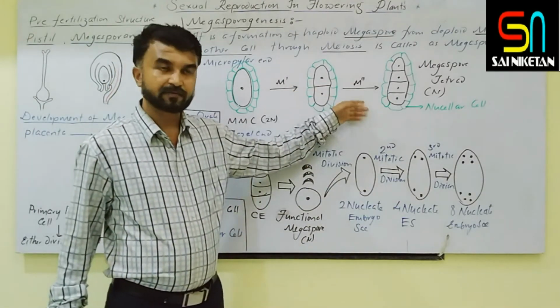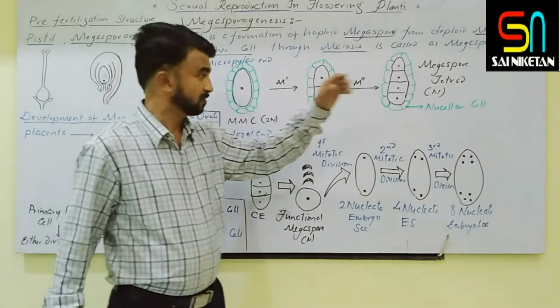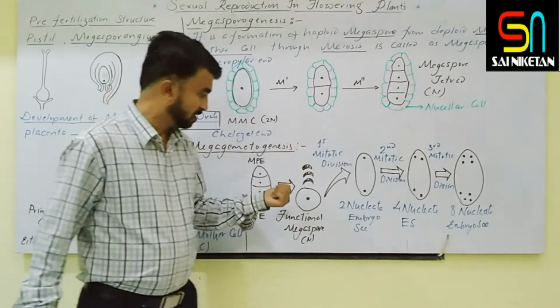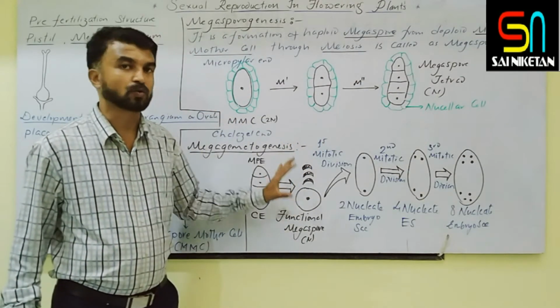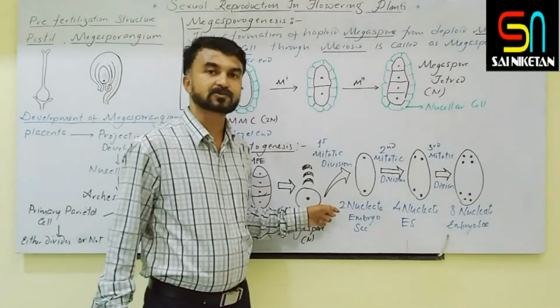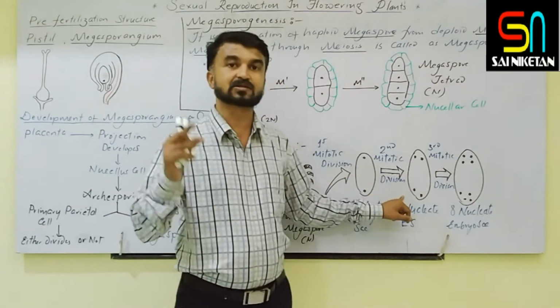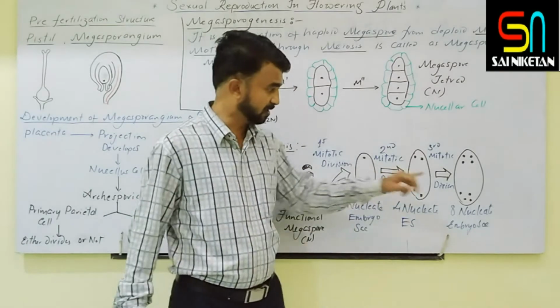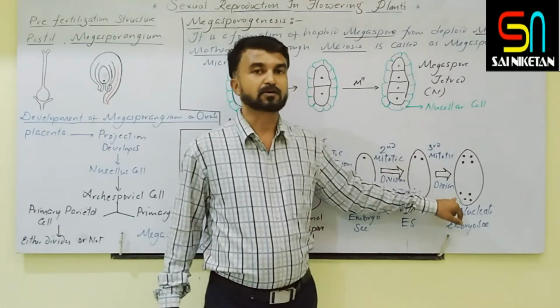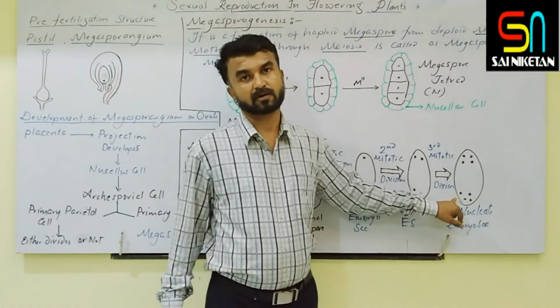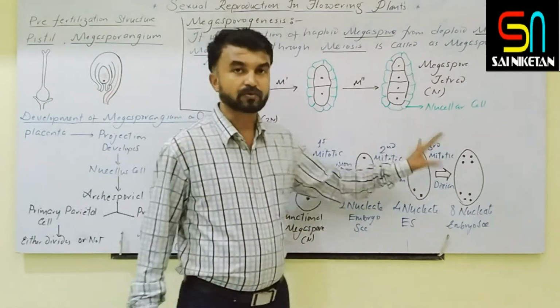2 meiotic divisions, first meiotic, second meiotic, and 4 megaspores are produced. Out of these, 3 megaspores undergo degeneration. Only one functional megaspore is present. That functional megaspore undergoes 3 successive free nuclear mitotic divisions and produces an 8 nucleate embryo sac. Clear? Now what happened next?